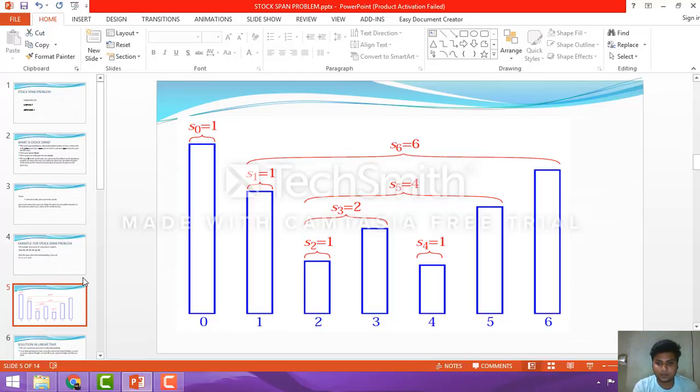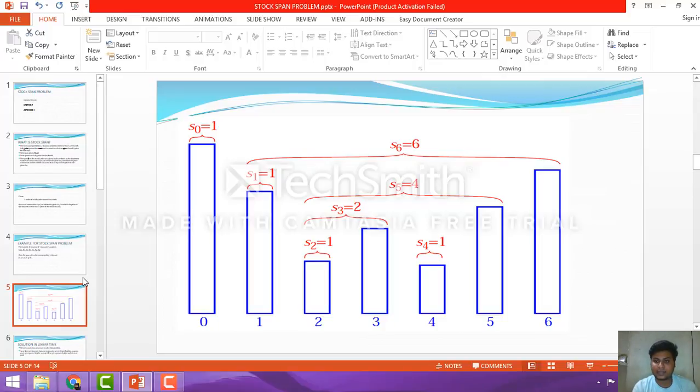And now we compare with the previous day. It will not accept either, and we compare with day 2, and it will not accept. Finally we go to day 1, and we compute A of 5 minus A of 1, so S of 5 will be equal to 4. And finally the last day, S of 6.